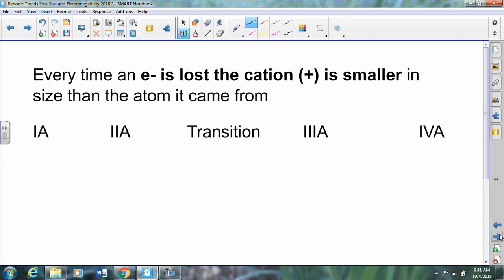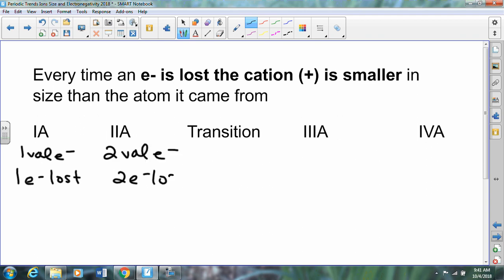In this case, one valence electron means one electron lost. 2 valence electrons means 2 electrons lost. We're going to stay away from the transition metals here, other than to say that they're going to lose electrons.